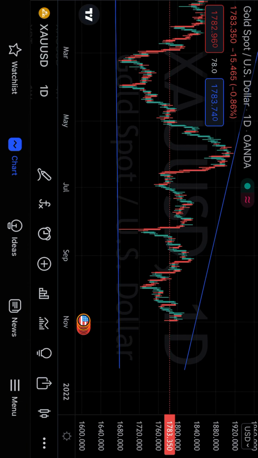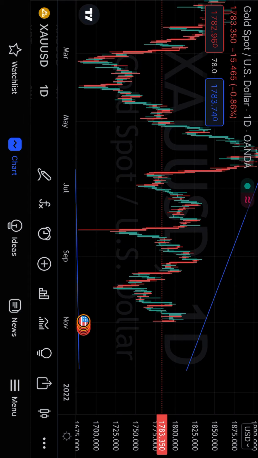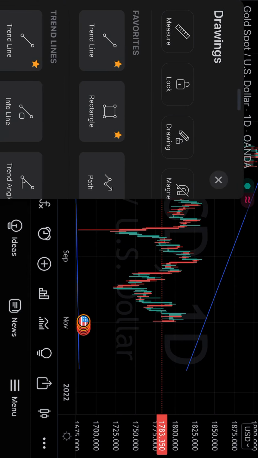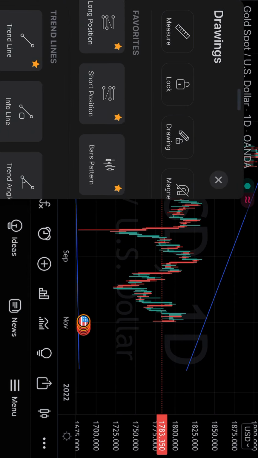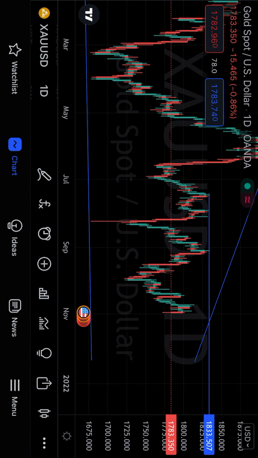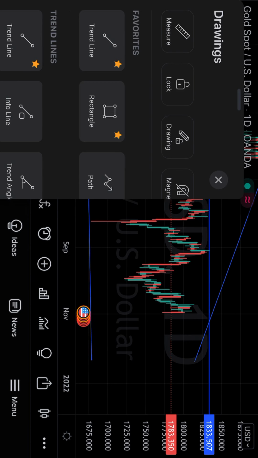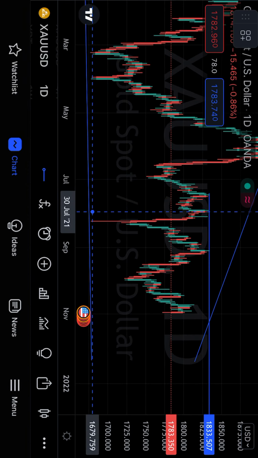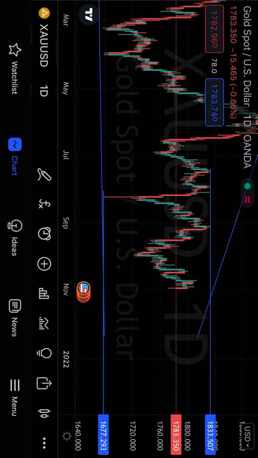So what do we see on the daily time frame? On the daily time frame, we map out our highs, right? So this is our high. We map out our low, right? So this is our low. So what do we see here?